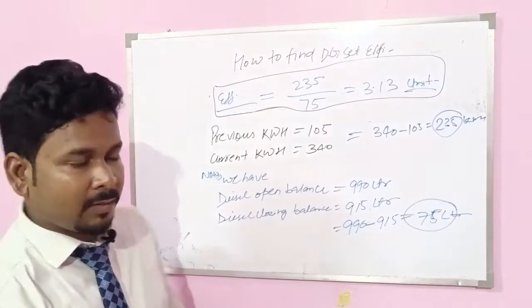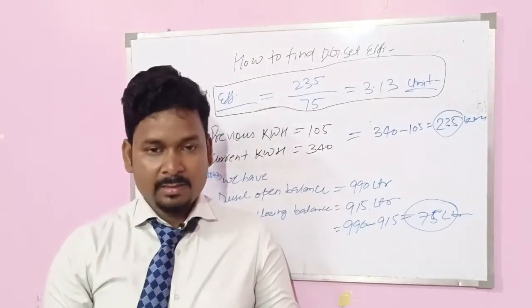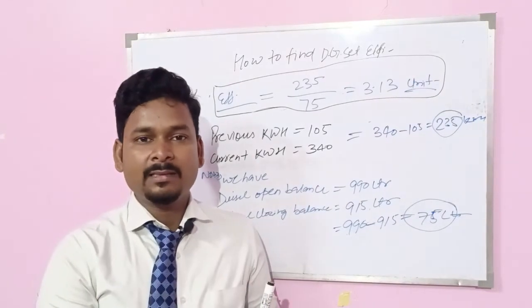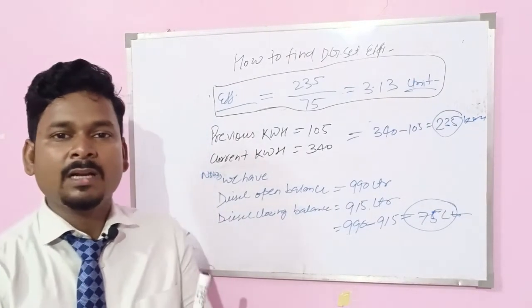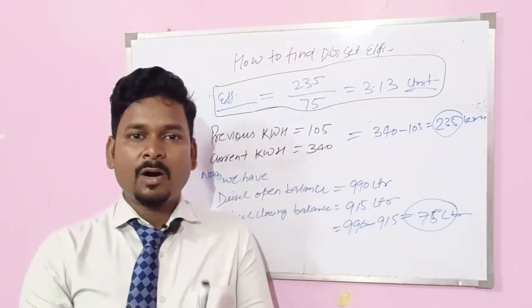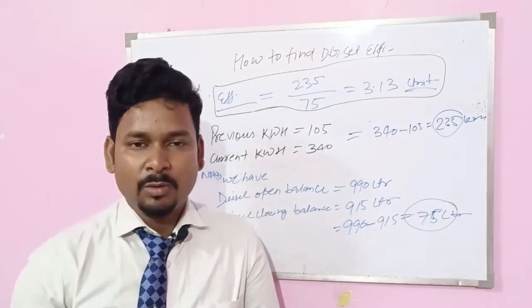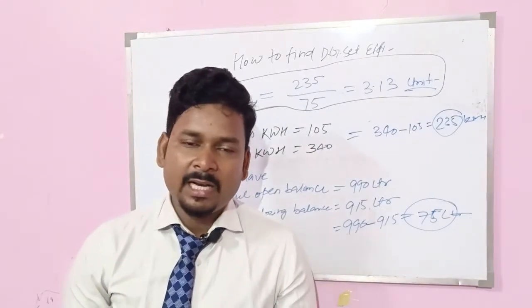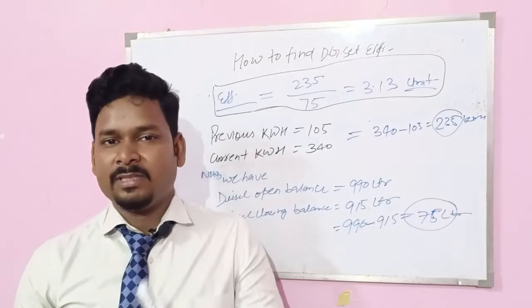So friends, the process is very simple. Just find how much diesel was consumed and how many kWh units were generated, divide the units by total diesel consumption, and you get the DG set efficiency.